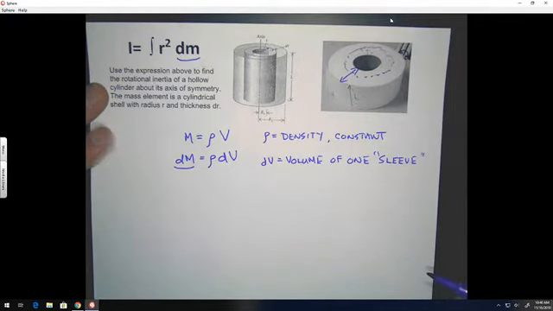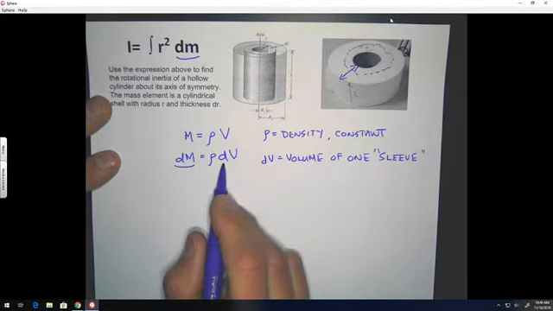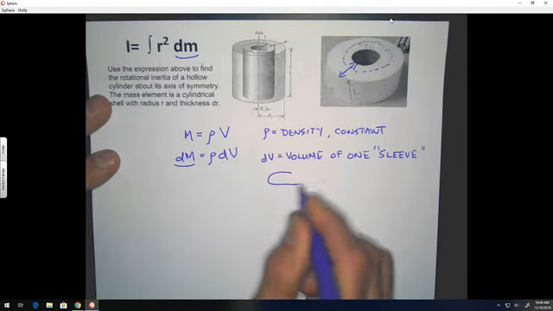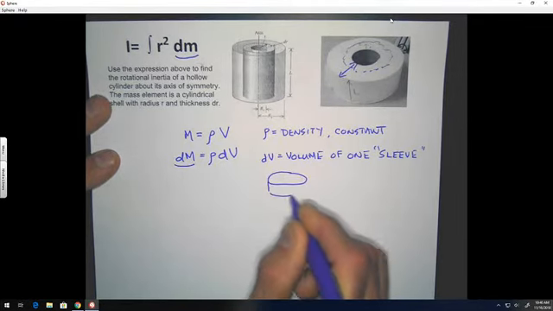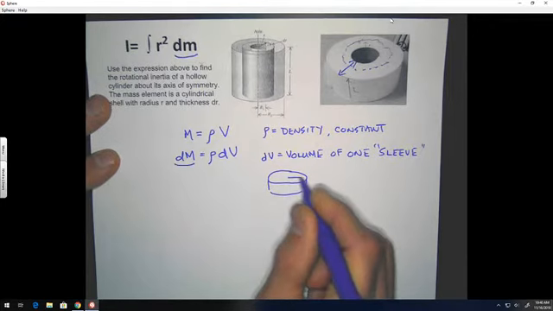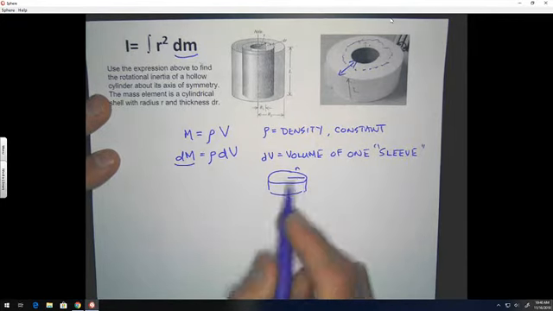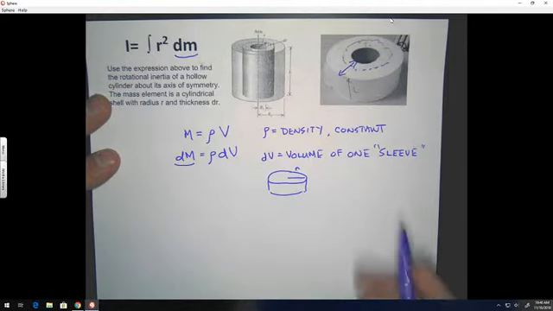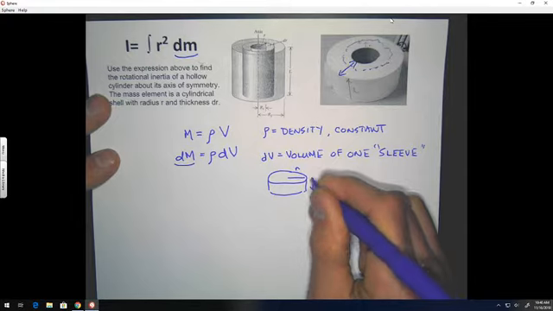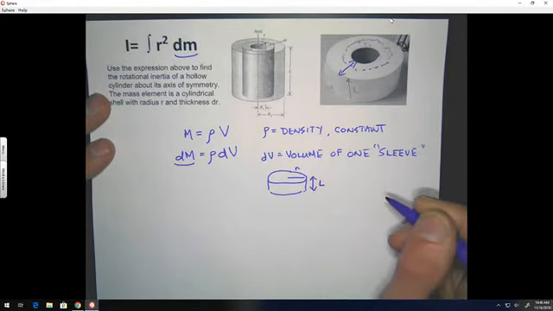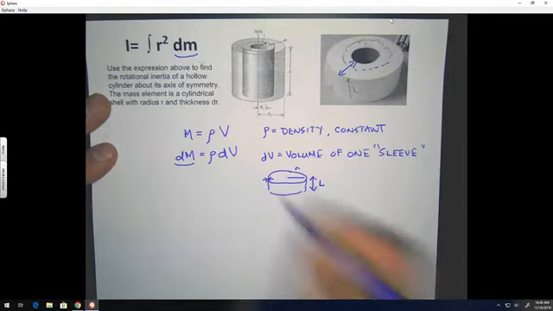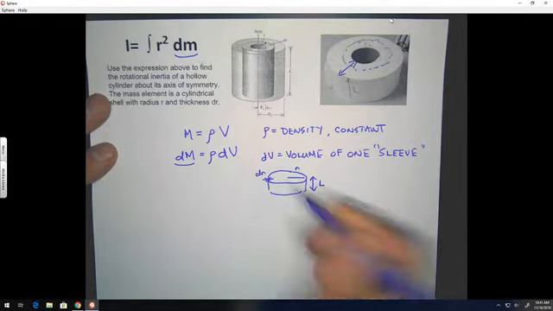So what we need to do is to say, well, how would you come up with the volume of a single circle of paper that has a radius which you can make vary, so it can have a radius of r, lowercase r. It's going to have a height of L, and it's going to have a thickness which is really, really thin, and we're going to call that dr.